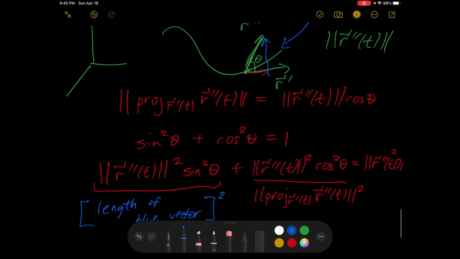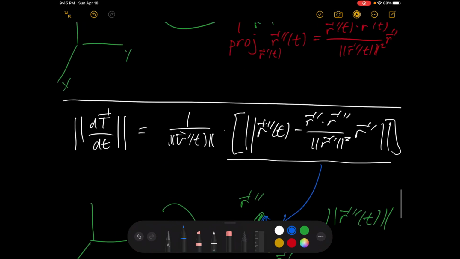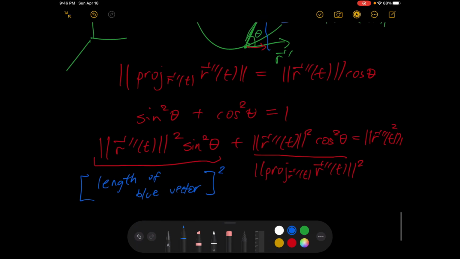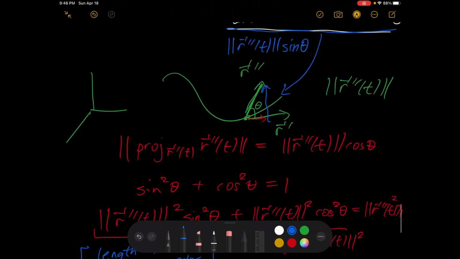And so that means that we can simply replace this item with this amount, which is kind of nice, right? Because that's simply the length of the blue vector.